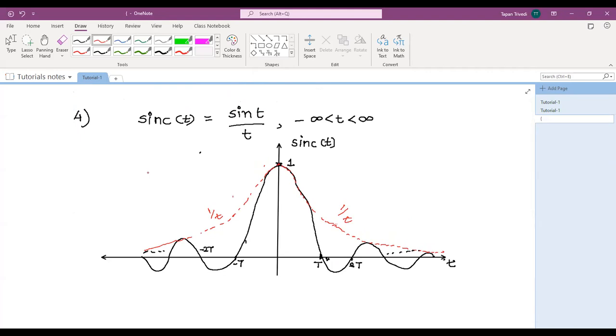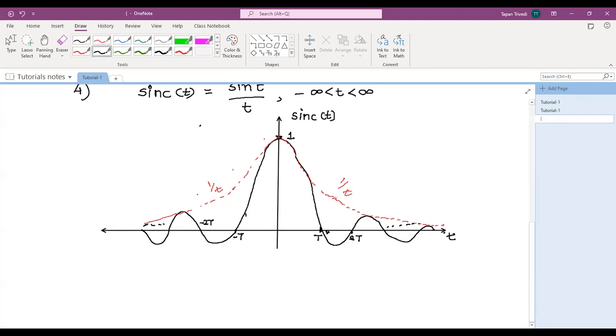But there is one important question. If I write sin t upon t, that means at t equal to 0, we should get sinc of t equal to sin 0 upon 0. Then why are we getting 1 here?